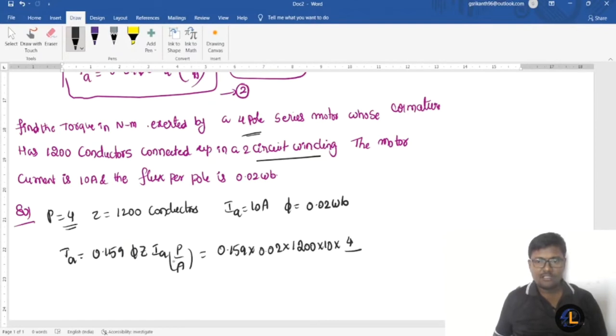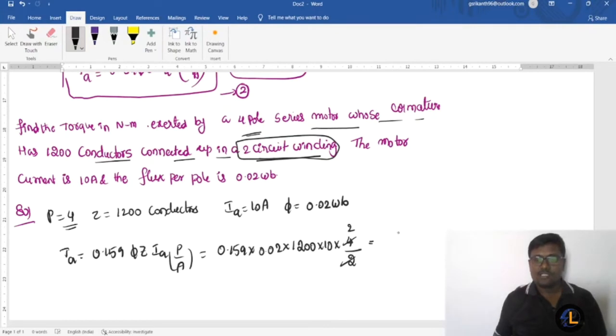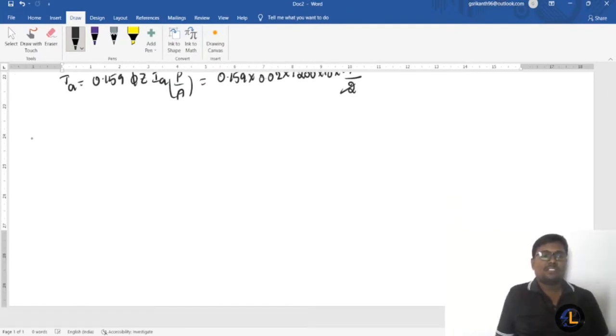And is it a lap winding or wave winding? It is given as a two circuit winding, so the number of parallel paths is 2. So now I think you got the answer: 76.32 newton meter.